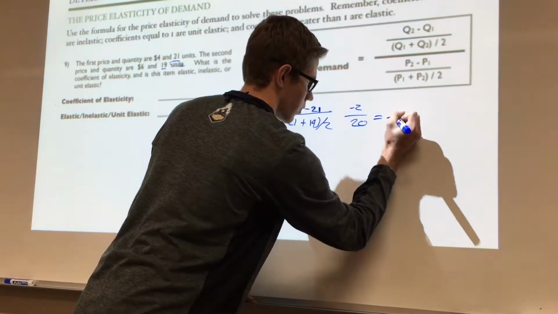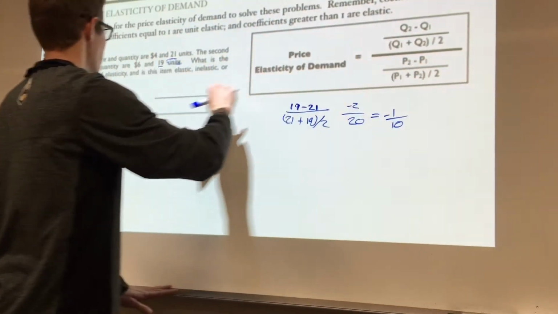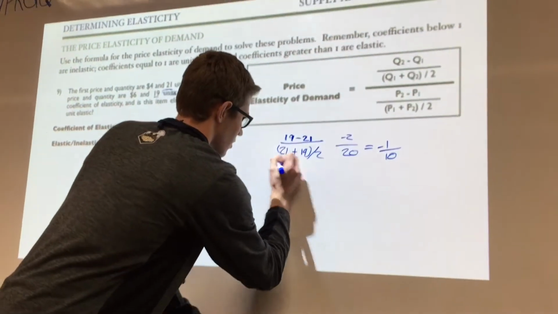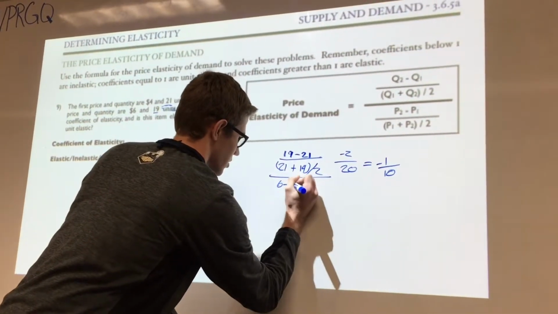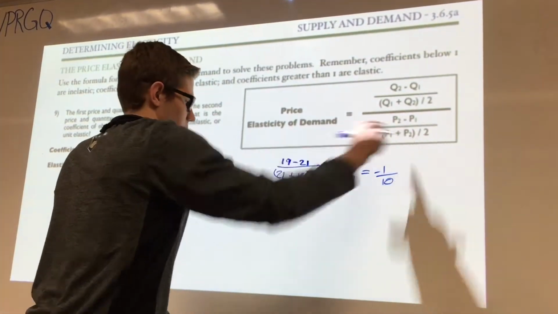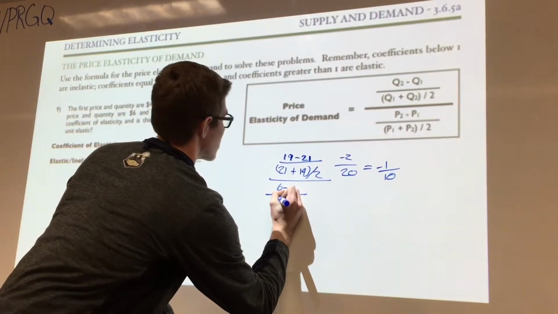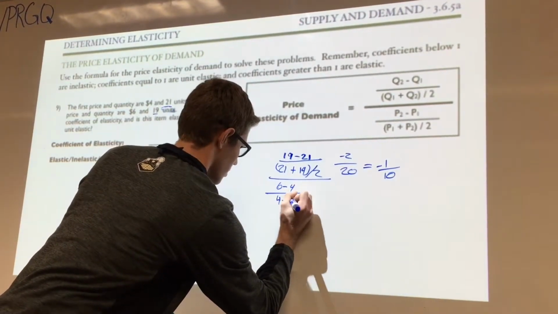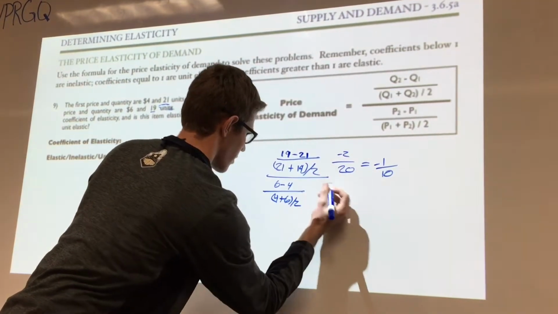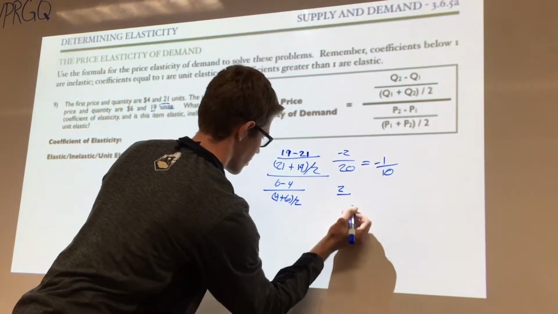Reduces to -1/10. And then price 2 minus price 1. Price 2 is $6, price 1 is $4. So it is 6 minus 4 over price 1 plus price 2 divided by 2. This equals 2 over 5.